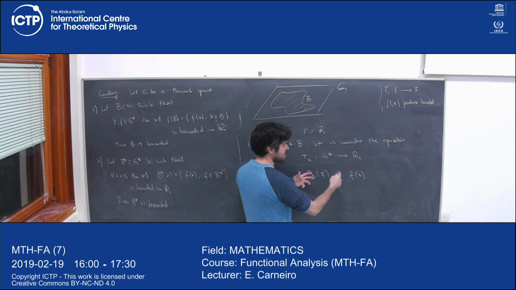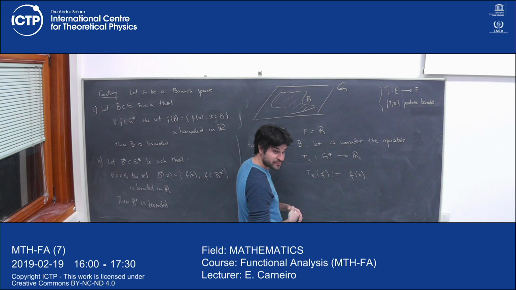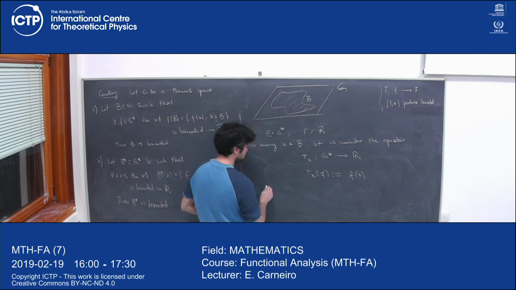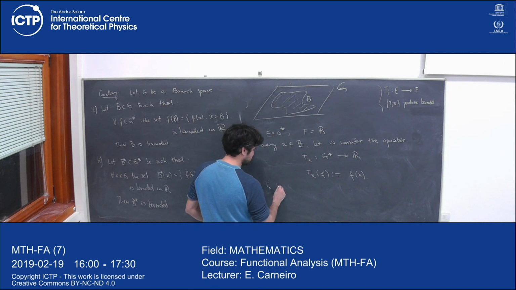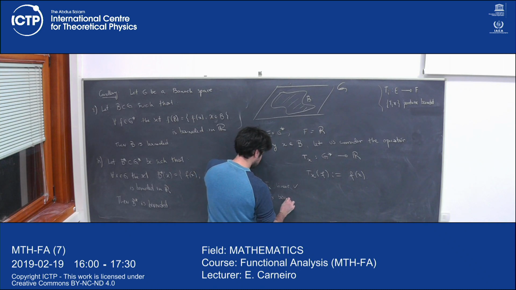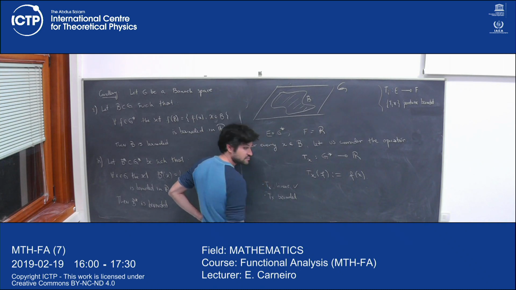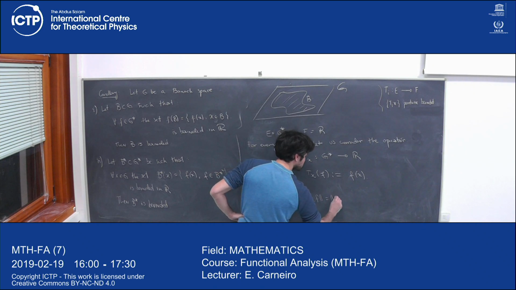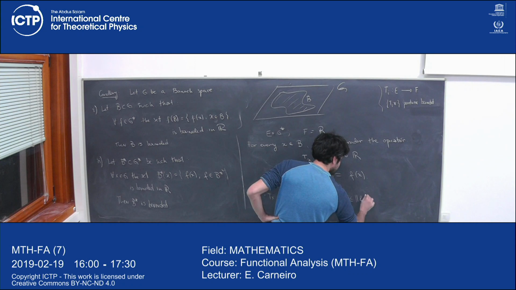And if I take lambda f, it's lambda f of x, so it's linear. Moreover, Tx is also a bounded operator, right? So the modulus of Tx of f is equal to the modulus of f of x, which is less than or equal to the norm of f times the norm of x.